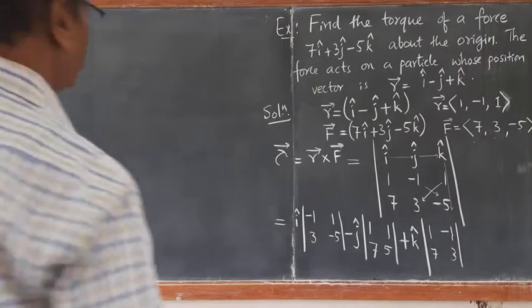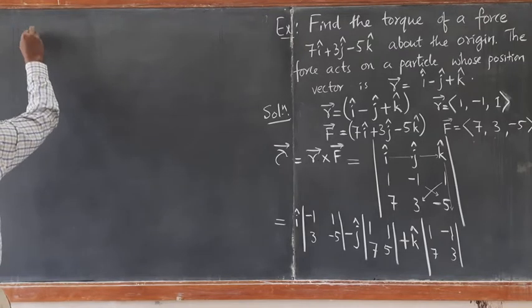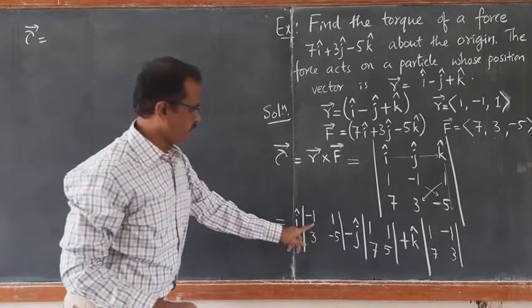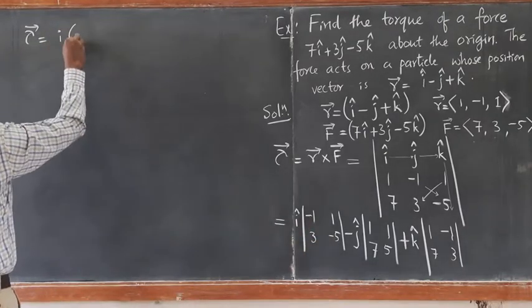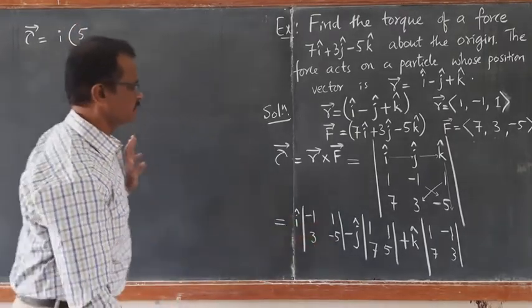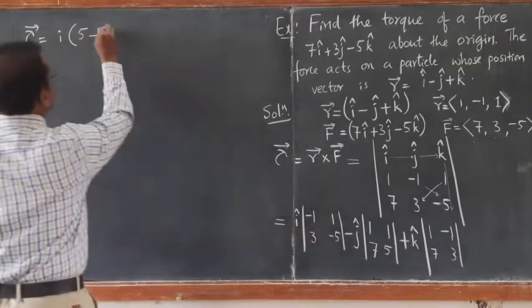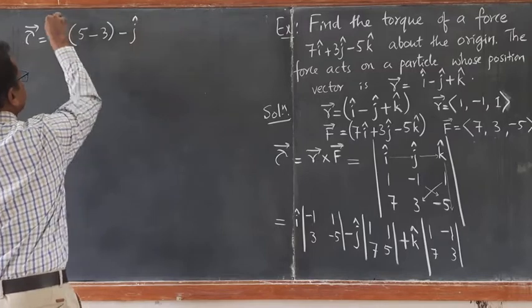Therefore torque tau is equal to i into minus 1 into minus 5, minus 1 into 3, that is minus 1 into minus 5 becomes plus 5, plus 5 minus 3.